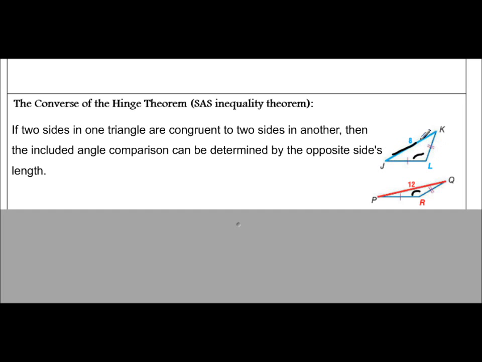So JK is opposite angle L, and PQ is opposite angle R. And since JK is less than PQ, then angle L is less than angle R.